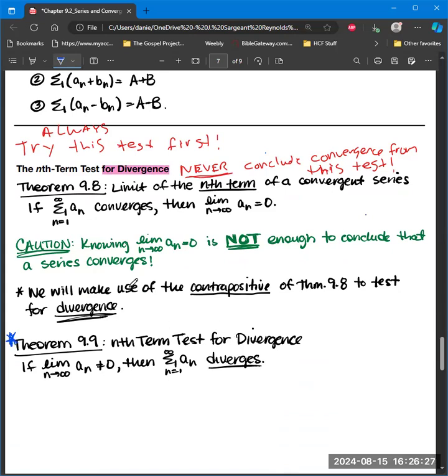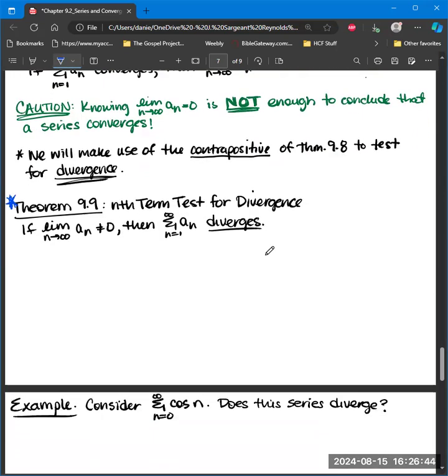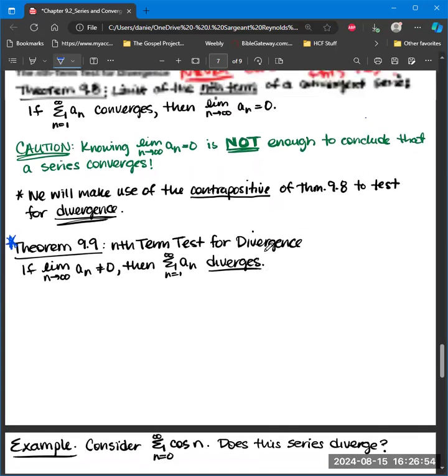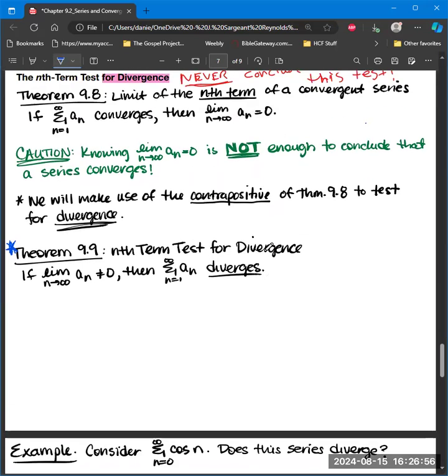So it's a corollary. It's the same thing. Knowing that the limit as n goes to infinity of a sub n equals 0 is not enough to conclude that the series converges. It's necessary but not sufficient, I think is the way to say that with logic. So it's one of the conditions that has to be met, but not the only condition that has to be met.